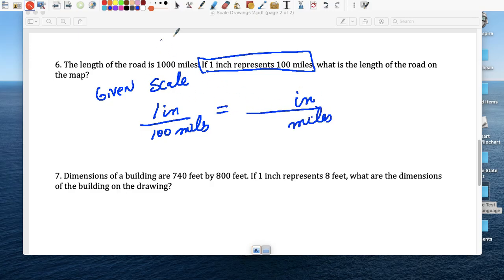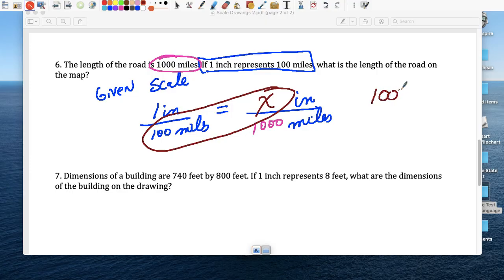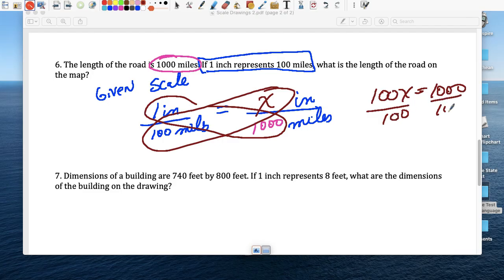I'm trying to figure out what 1,000 miles would look like on a map. So 1,000 miles on this map would be how many inches? Cross multiply: this is 100x. 1 times 1,000 is 1,000, so this one's easy. Divide by 100, divide by 100. That simplifies to 1, and this simplifies to 10. So on a map, 1,000 miles would be simply 10 inches.